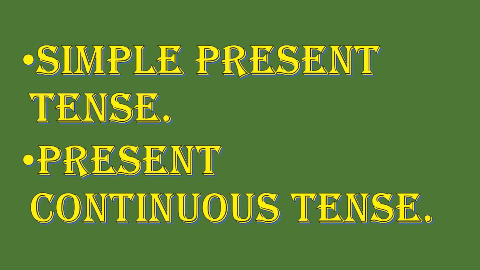Now here we have two different rules for these two tenses. There is a particular rule for transforming a sentence in simple present tense and a separate rule for present continuous tense. Let us now see the examples for both the tenses.